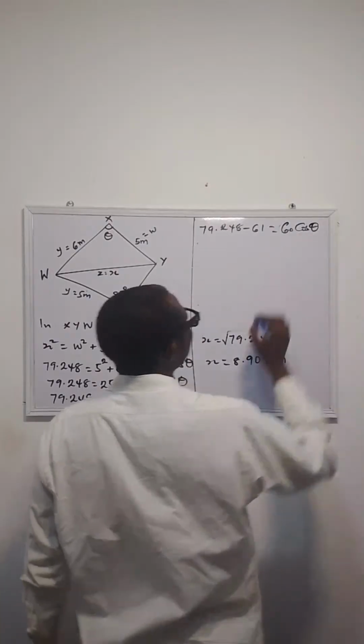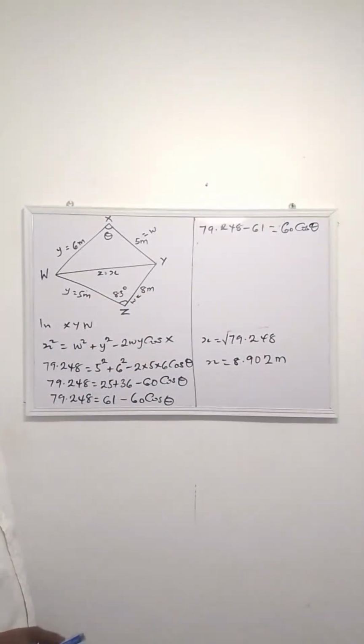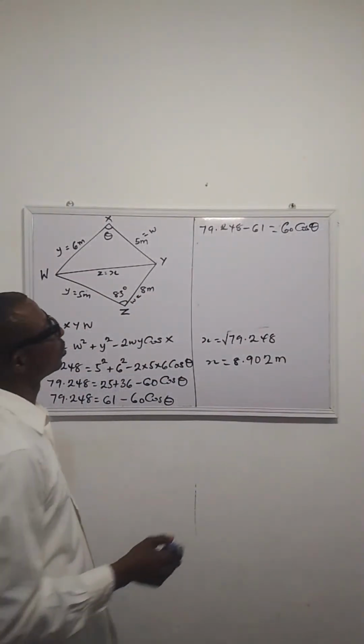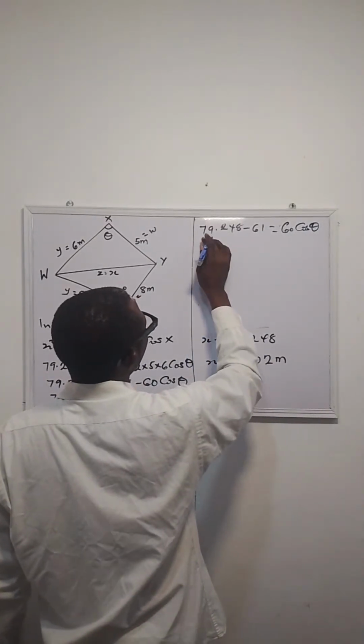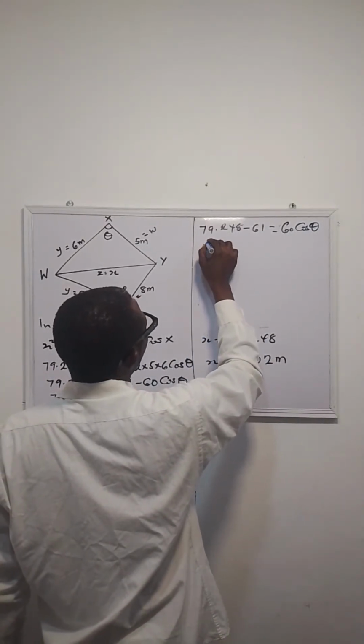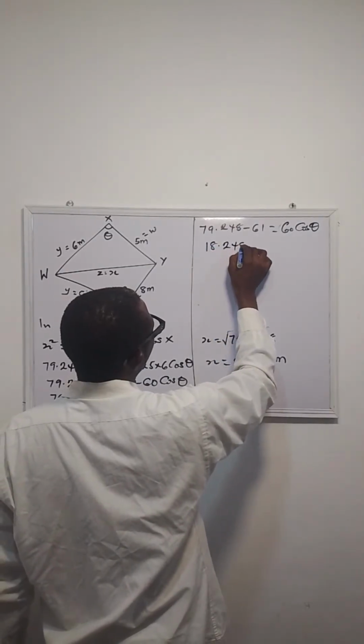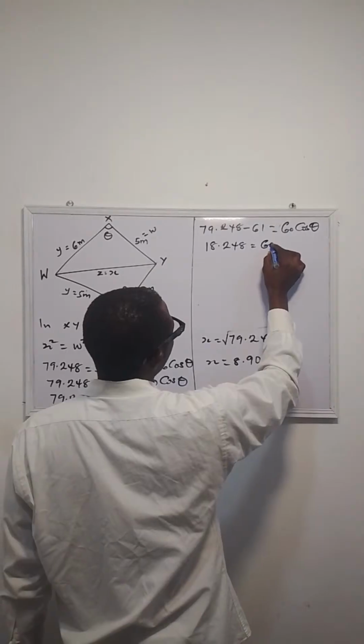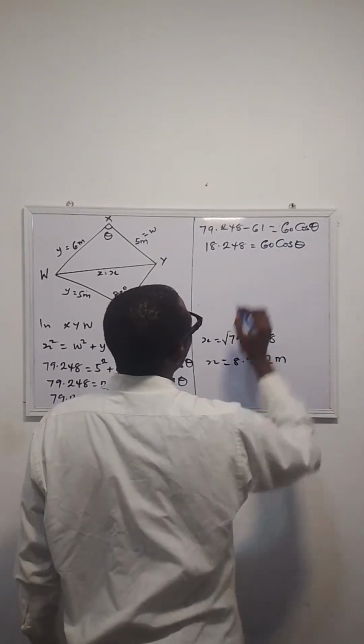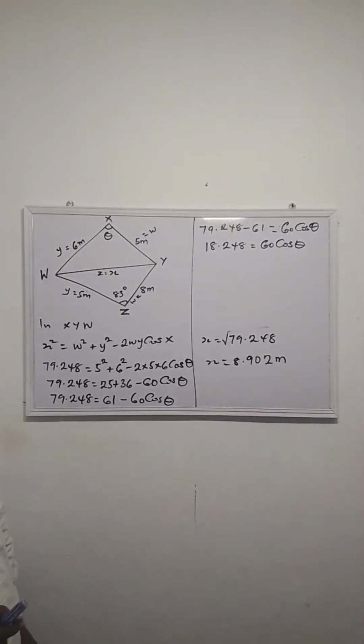Okay? So now let's subtract. This one is going to be 18.248 equals 60 cos theta. Alright? Now we divide both sides by 60.